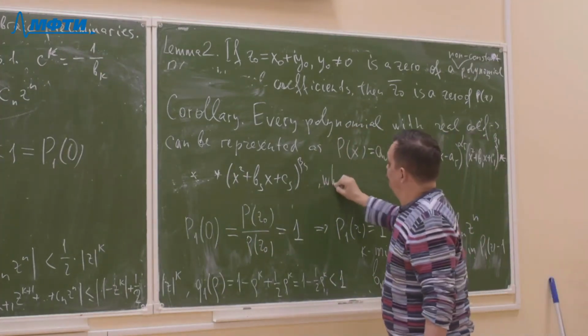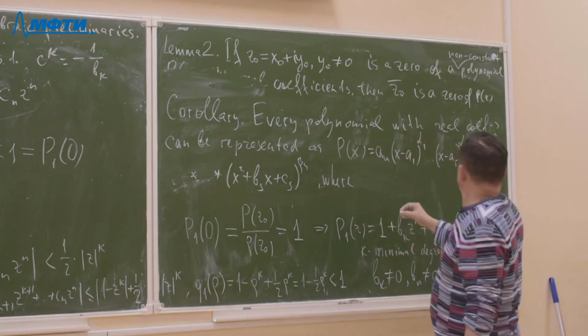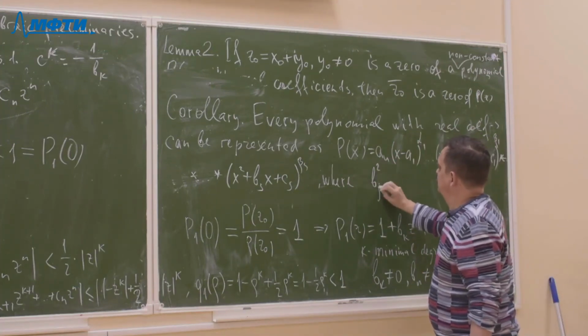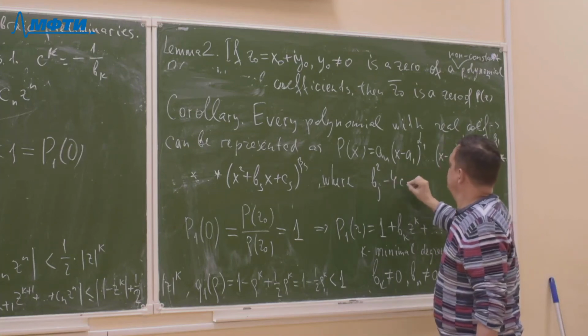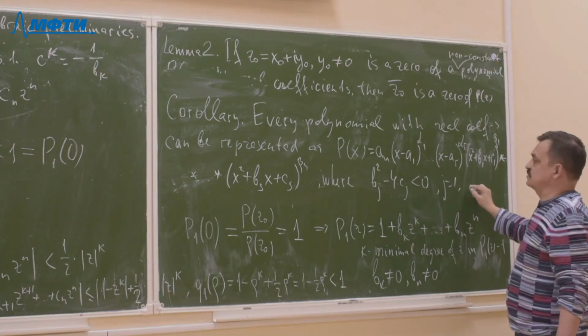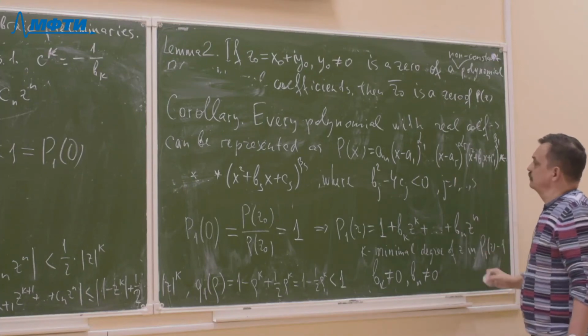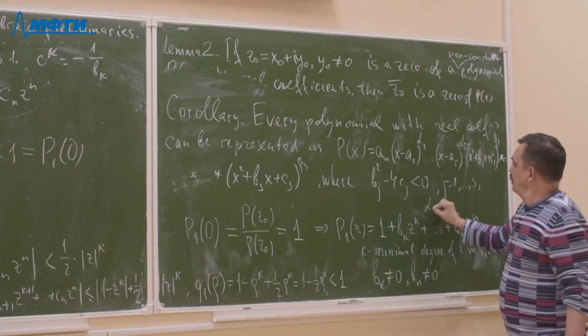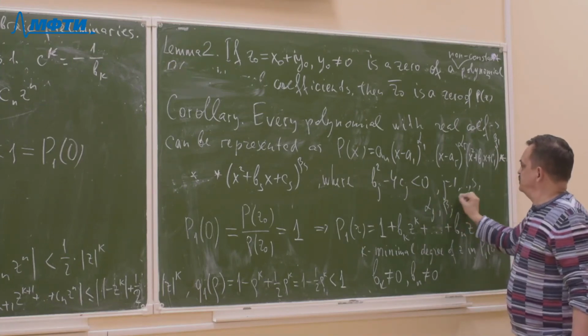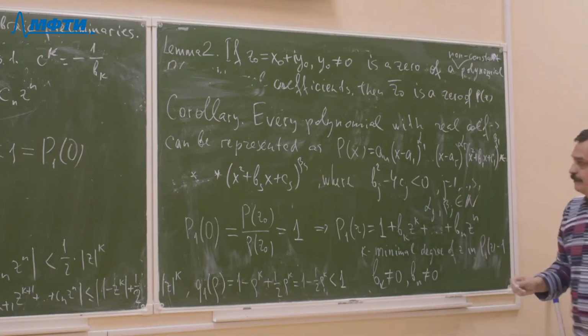where Bj squared minus 4Cj is less than 0, j equals 1, and so on, S, and the alpha j's and beta j's are natural numbers.